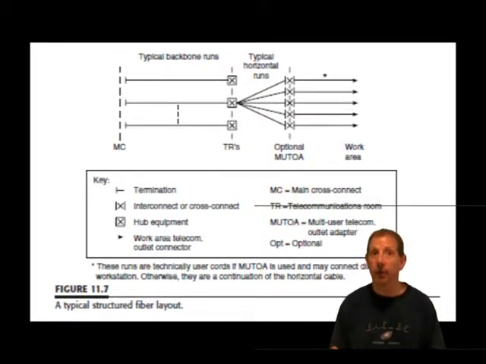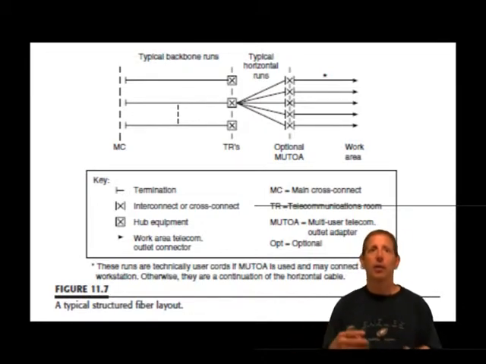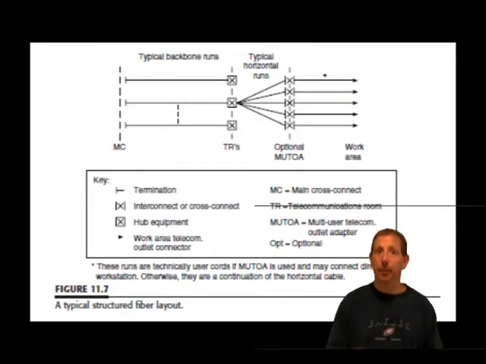However, the designer may wish to use a fixed workstation outlet adapter to protect the long fiber run back to the MUTOA. This is not permitted for copper cables, primarily because each termination and interconnection adds significantly to the crosstalk problem.